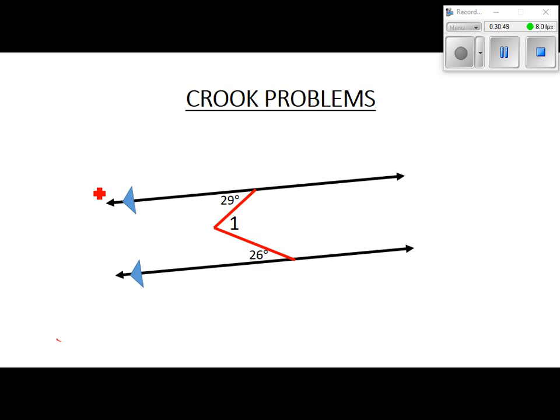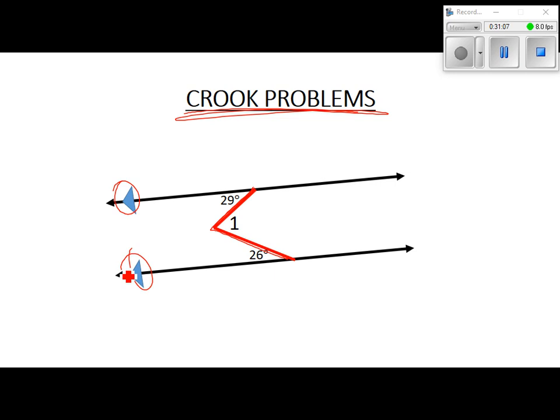A crook problem. This problem's called a crook problem because the transversal here is crooked. So we can't really use all of our rules with a picture like this. Even though these two lines are parallel, we don't have a normal transversal.